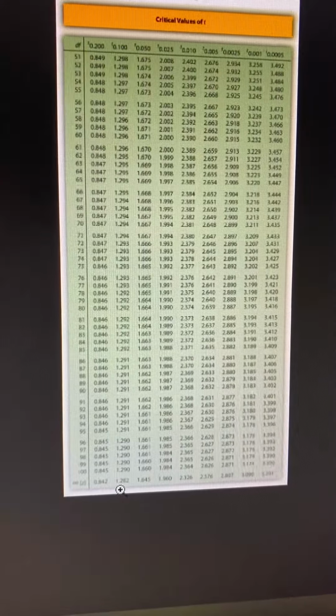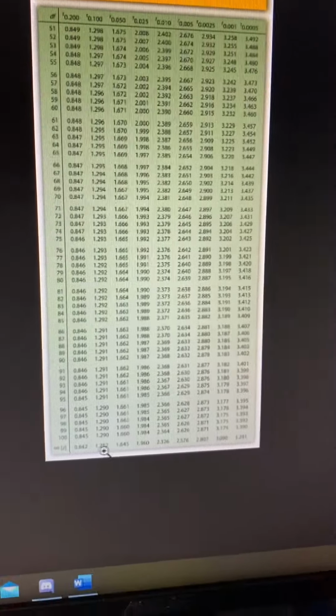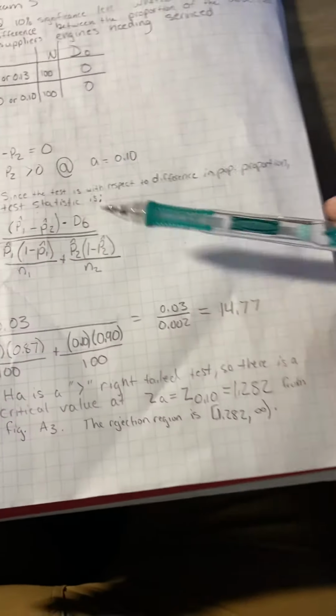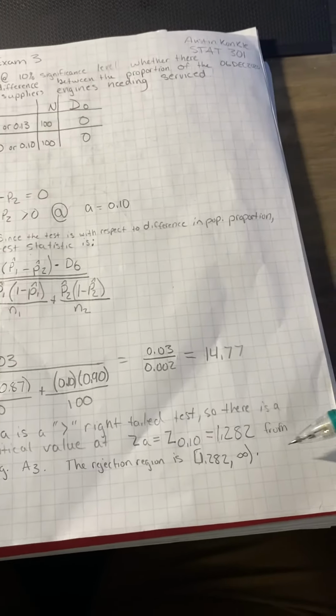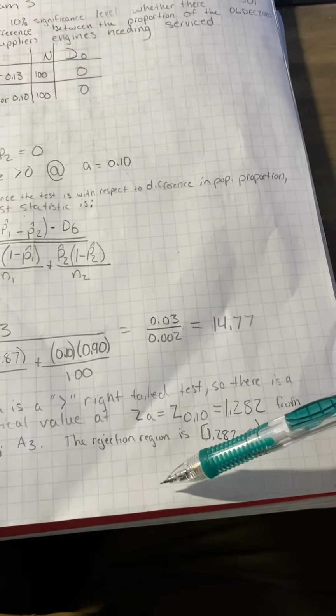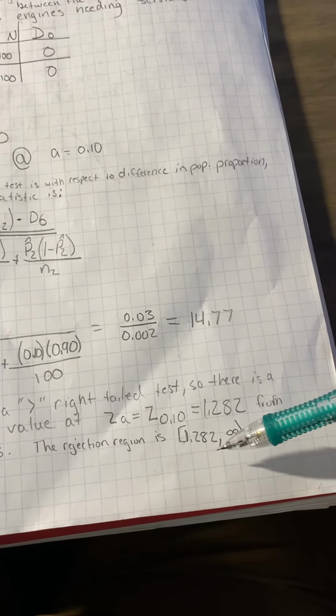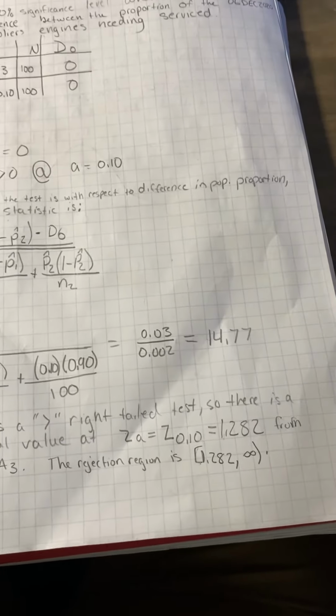Go all the way down to the bottom, we have 1.282. So that is our z-value for the rejection region. And then so the rejection region is 1.282 to positive infinity.